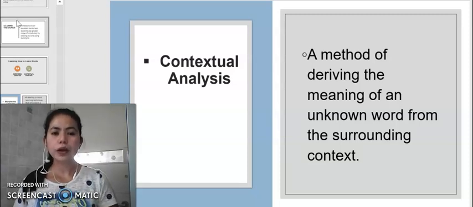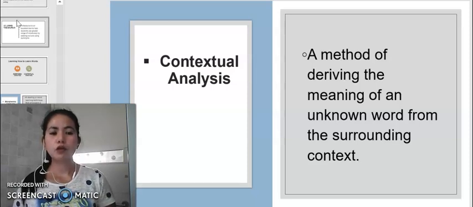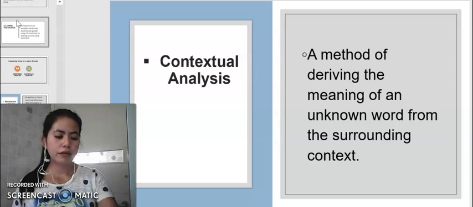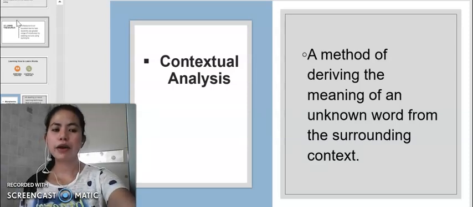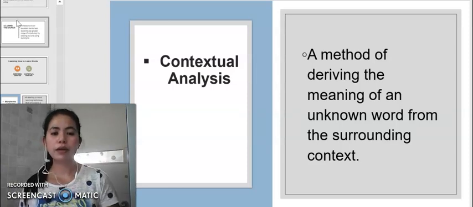So there are some clues or hints that would describe the unknown word from the surrounding context, and those are antonyms or synonyms, cause and effect associations, phrases of contrast or similarity.